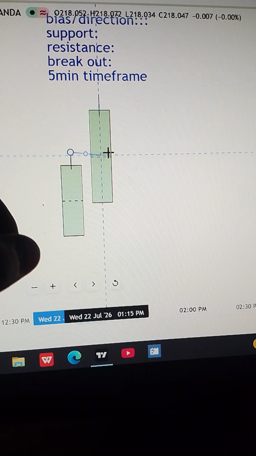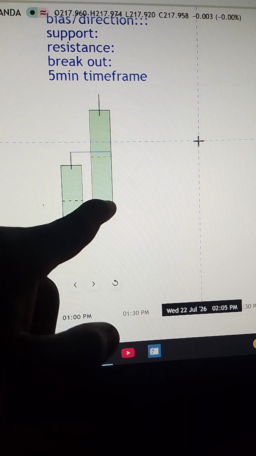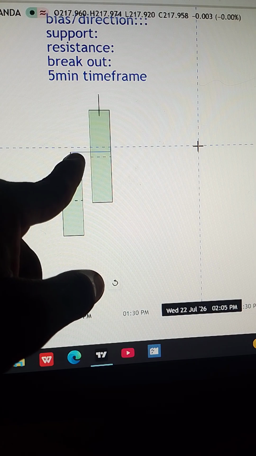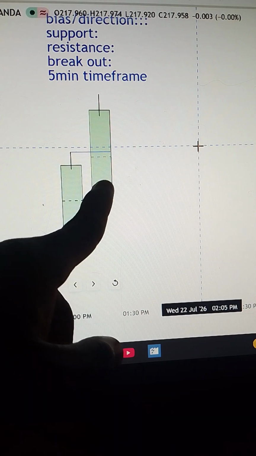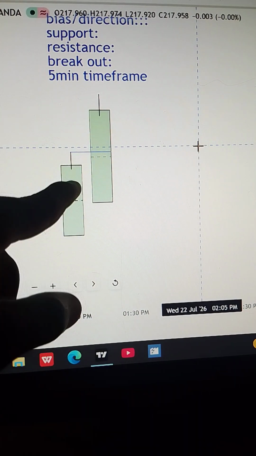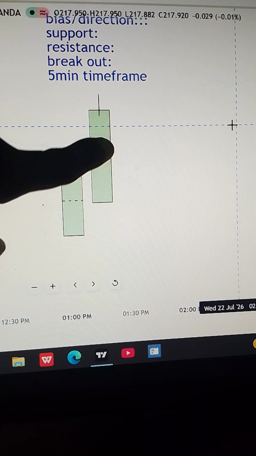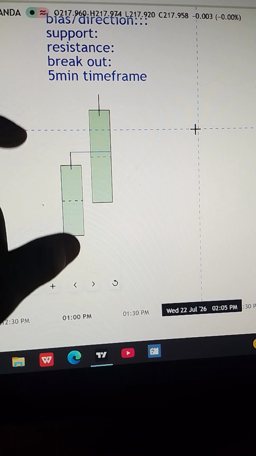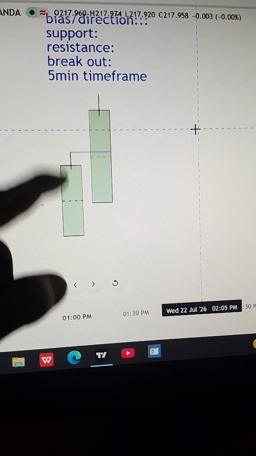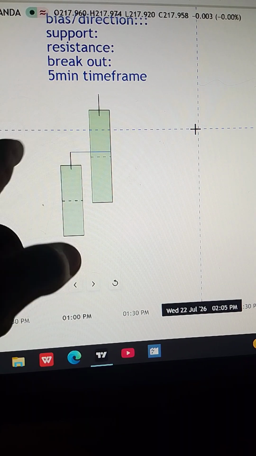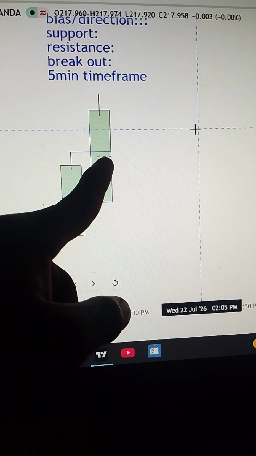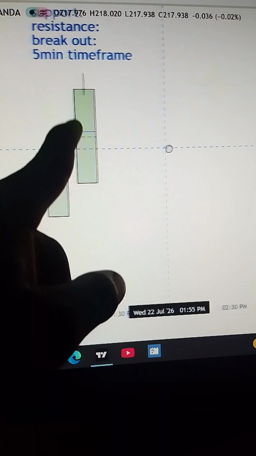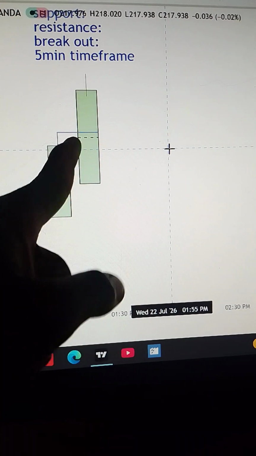The next candlestick closed above the previous candlestick's wick. So you can see this candlestick closed above this candlestick's wick. So that is a breakout. The candlestick closing above or below the previous candlestick's wick, that is a breakout. This one is a breakout in the bullish direction.